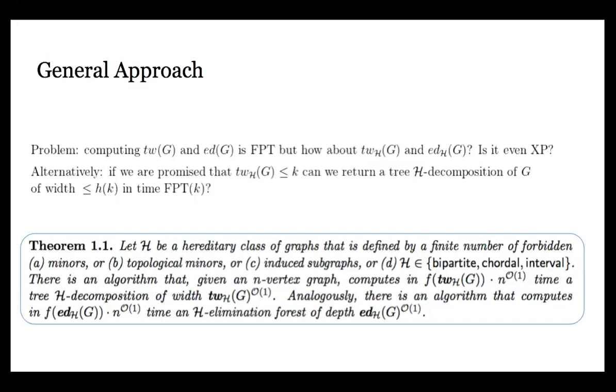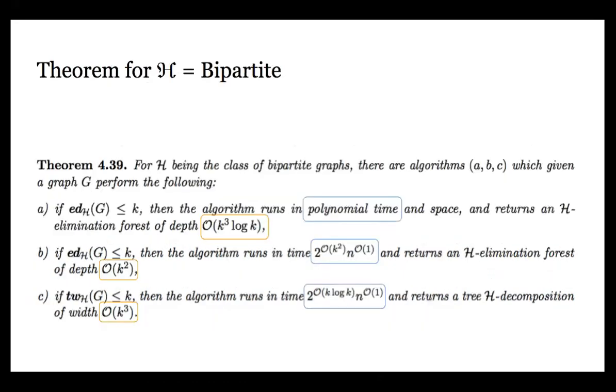Since we started with the example of bipartite graphs, let me focus on this particular application and show how this theorem looks for the case of bipartite graphs. There are three algorithms.